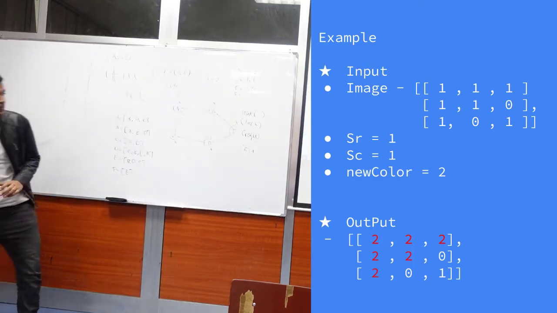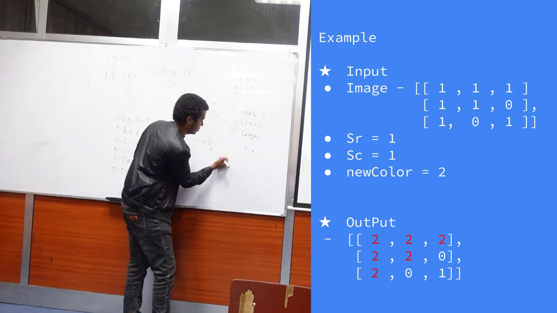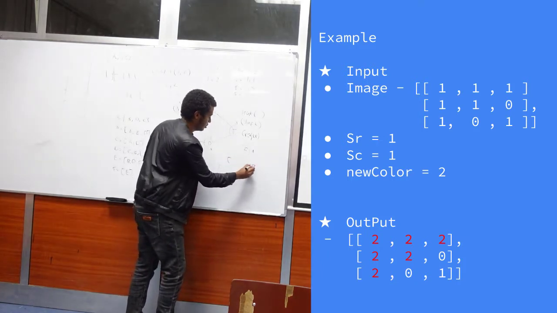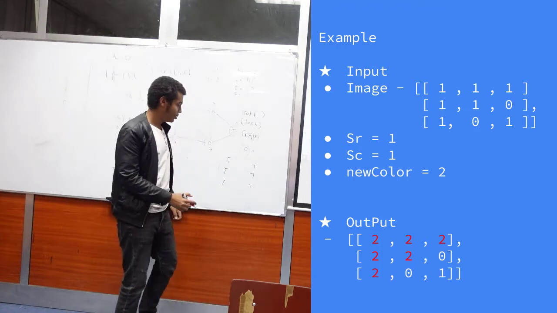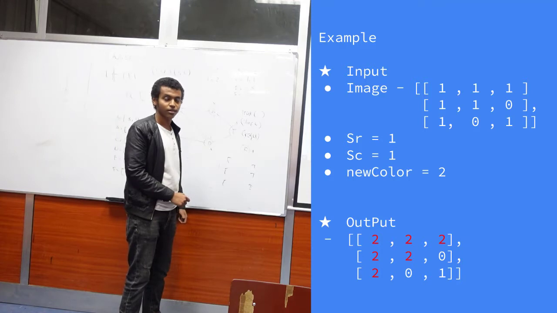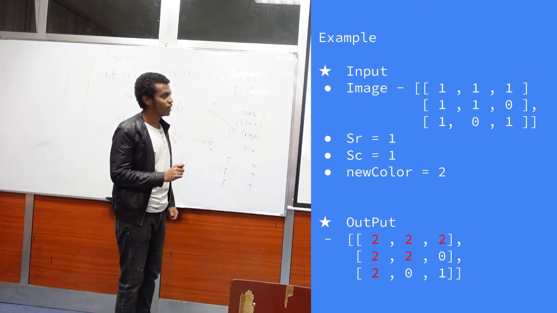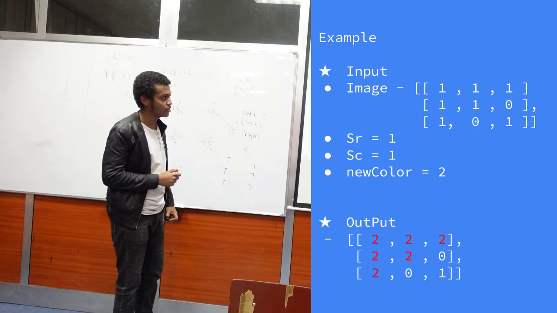We have a 2D array. Currently, we know this, it's filled with integers. Now we have a starting pixel, SR and SC.